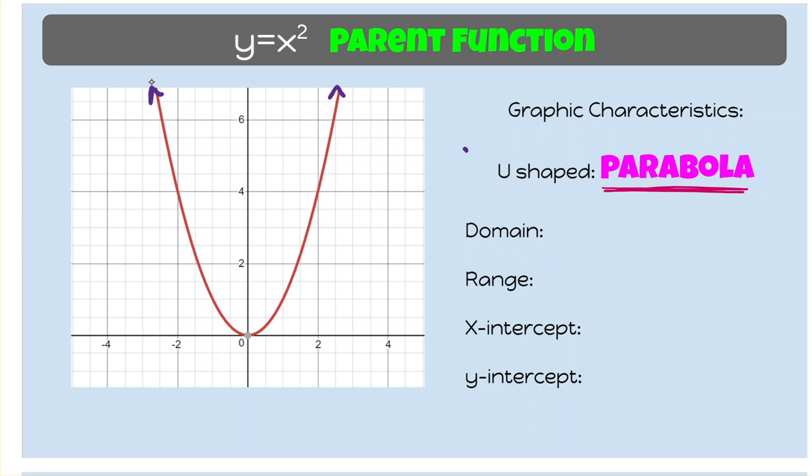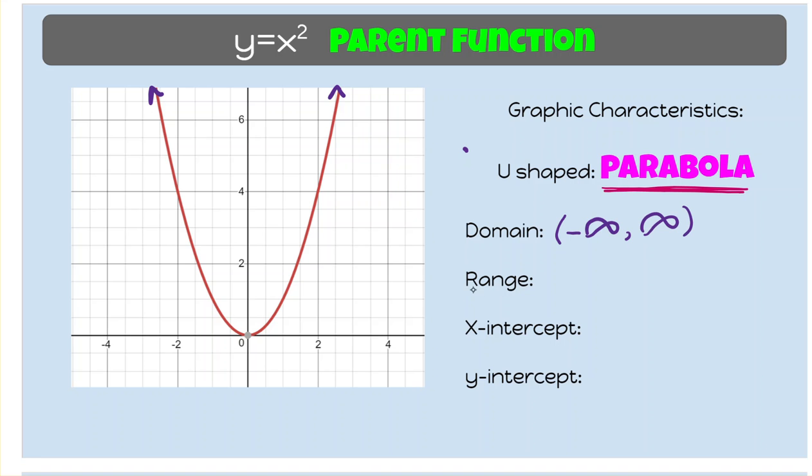Because this graph is going forever up and to the left, and forever up and to the right, my domain starting on the left would be negative infinity, and it's going to continue all the way to the right. We read that as positive infinity.